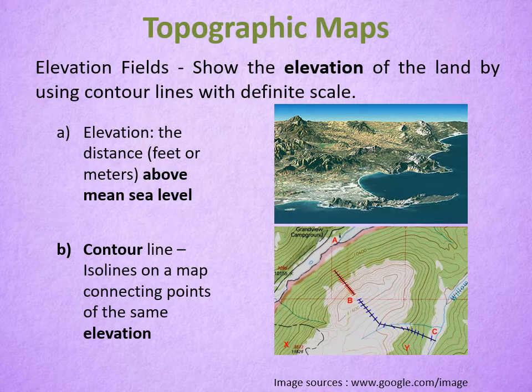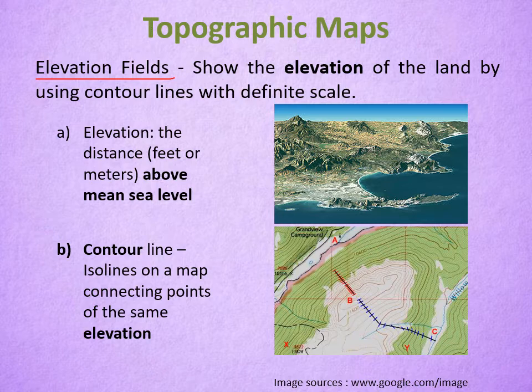Now, in a topographic map, we mainly depict the elevation along with other information. So producing contour lines for an area is a must in a topographic map.